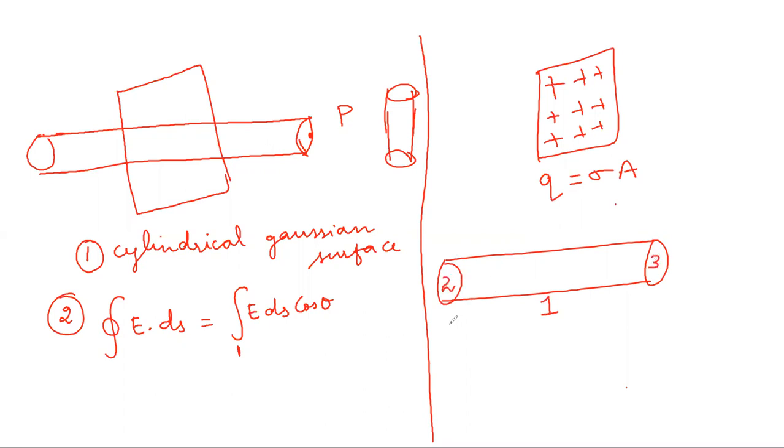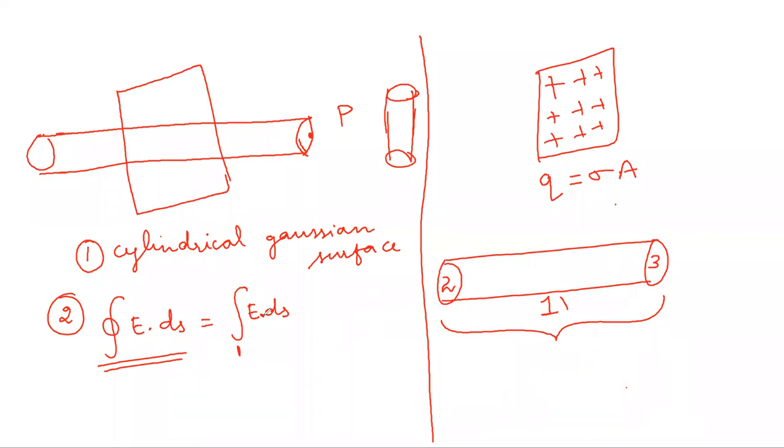The electric flux, that is the integral of E dot ds due to this whole surface, is nothing but E dot ds due to 1 plus E dot ds due to 2 plus E dot ds due to 3. I will just simply write E dot ds, because otherwise I have to again use cos theta 1, theta 2 and so on.